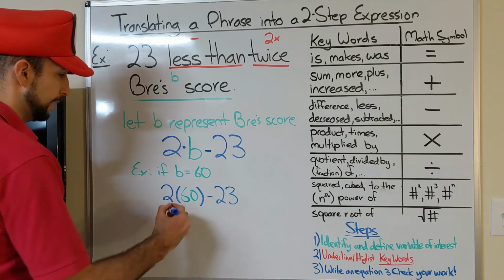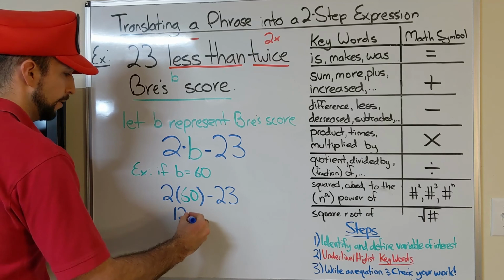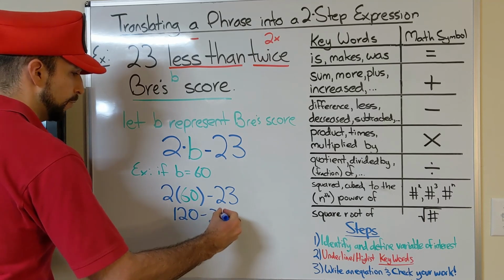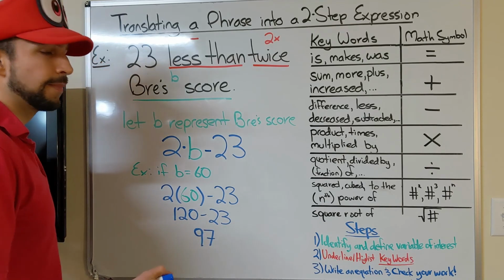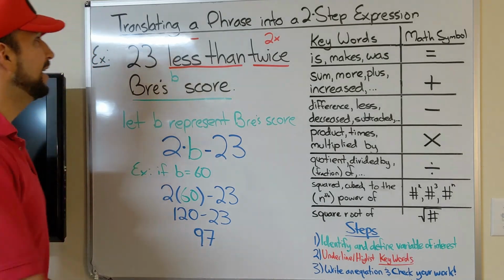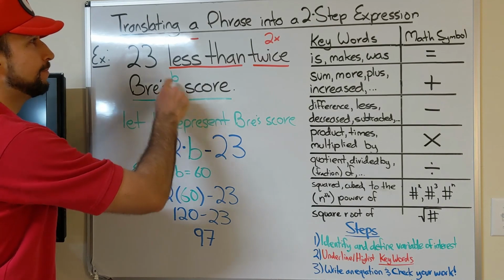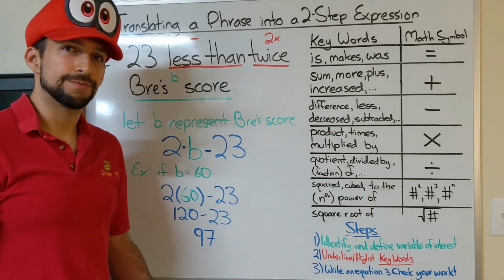So 2 times 60 is 120 minus 23 works out to 97. And 97 is twice Bree's score and 23 less than that.